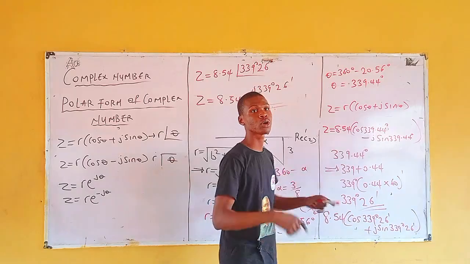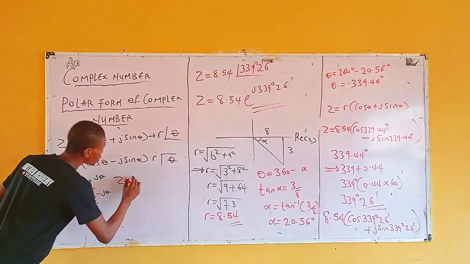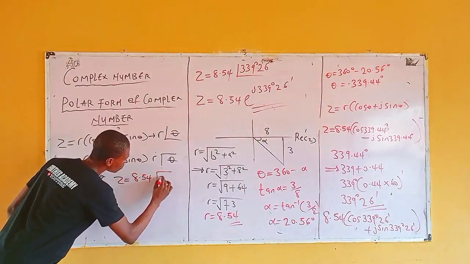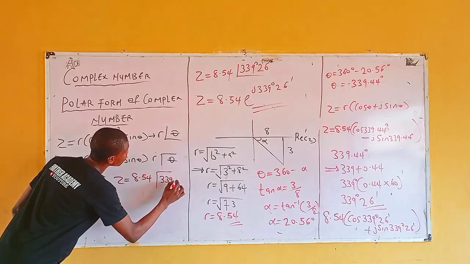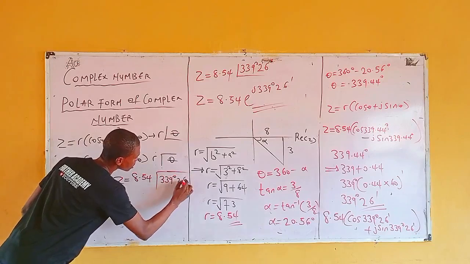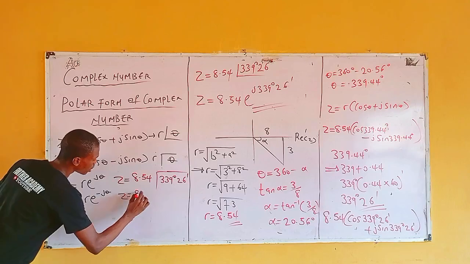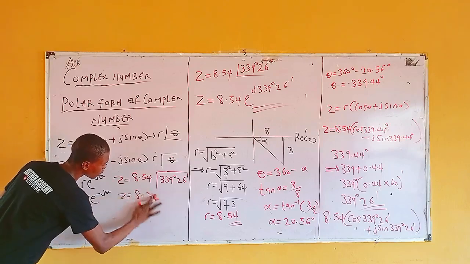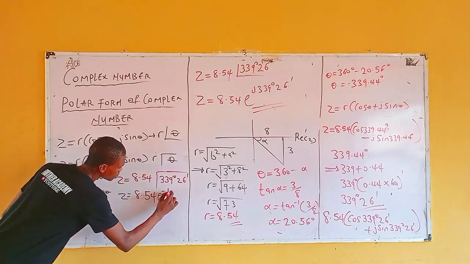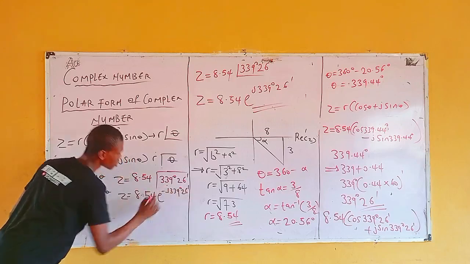Writing this polar form to the short form, then you have z is equal to 8.54, then this sign, and the angle: 339 degrees 26 minutes. Then what if it is the exponential form? 8.54 exponential minus j 339 degrees 26 minutes.